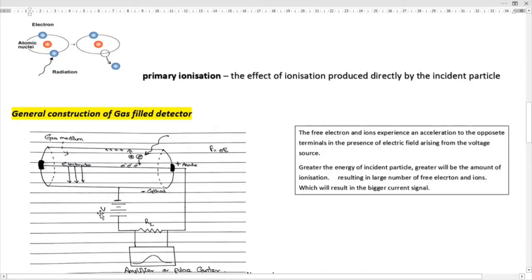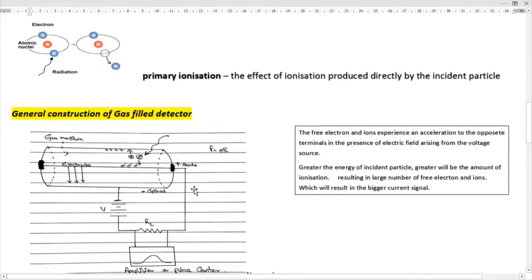Now, as we see, we have placed a battery inside the circuit. This battery is responsible for creating an electric field inside the gas chamber. And when the electric field is created inside the gas medium, the free electrons and ions experience acceleration, which will attract the electrons to the anode and the positive ions to the cathode, that is the surface of the hollow cylinder.